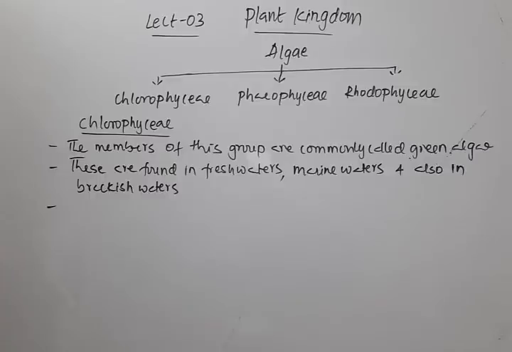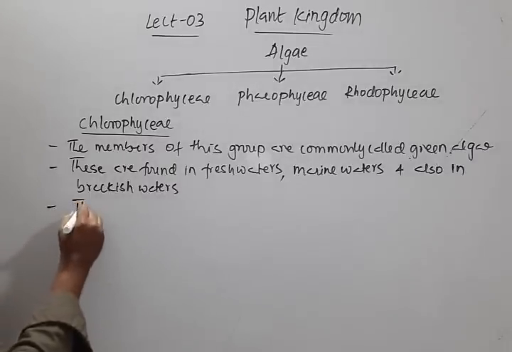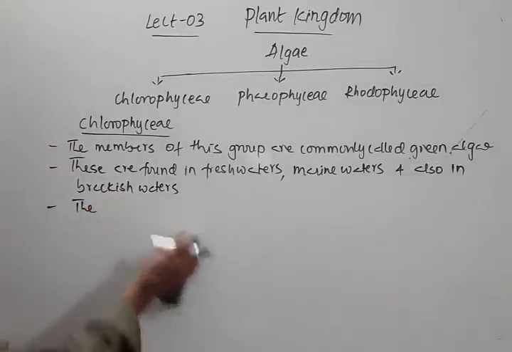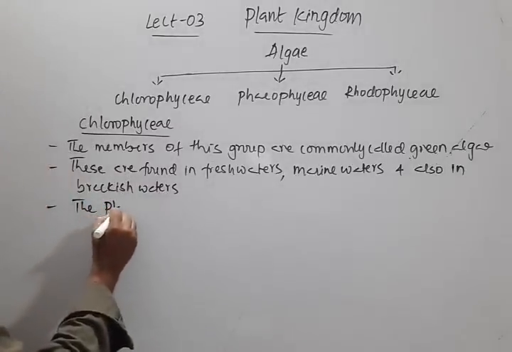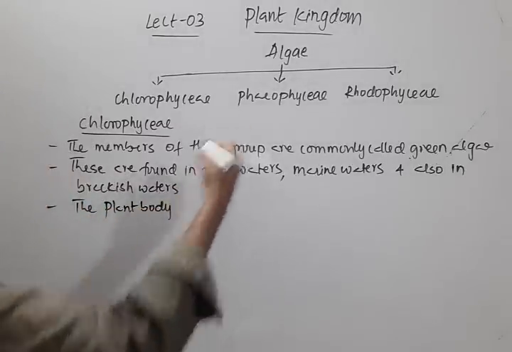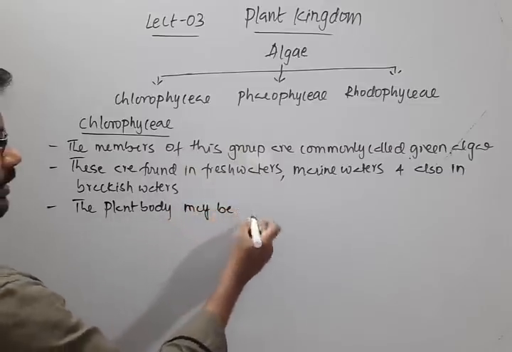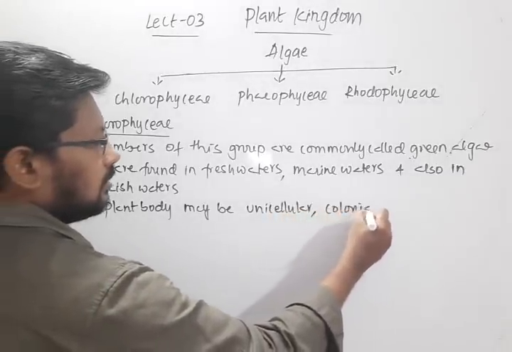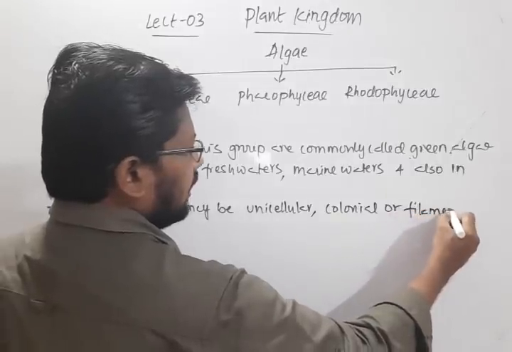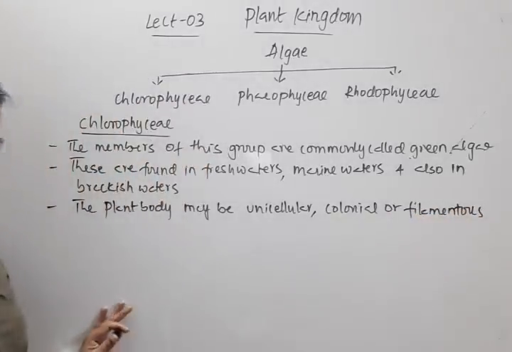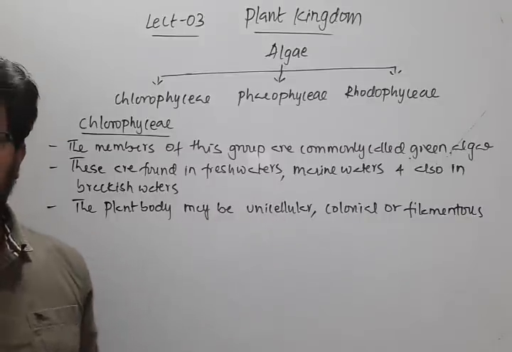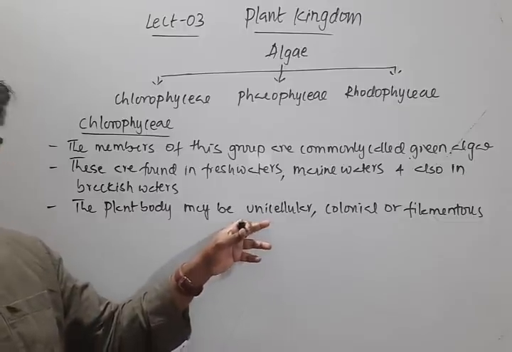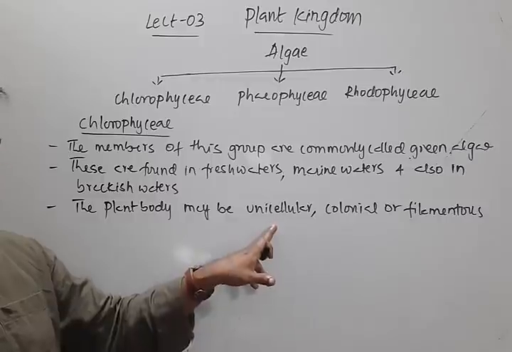The next point: the plant body may be unicellular, colonial, or filamentous. Unicellular means the whole plant body is made up of only one cell.